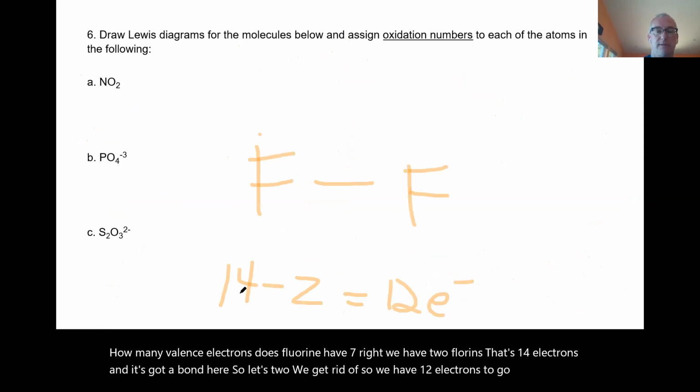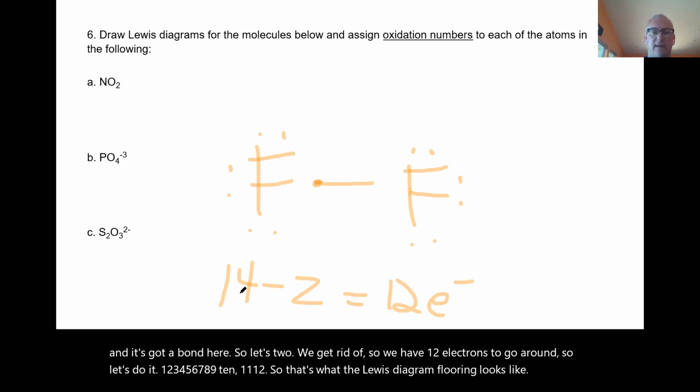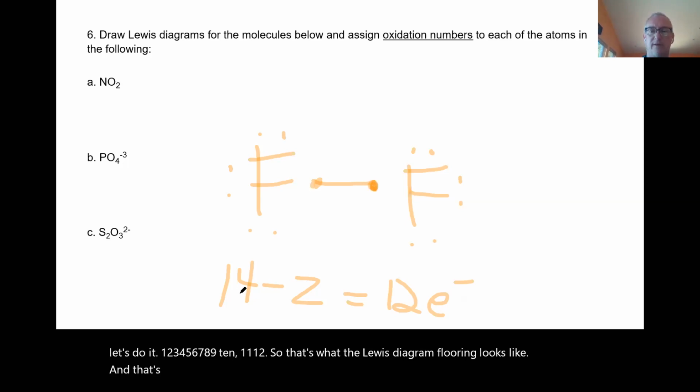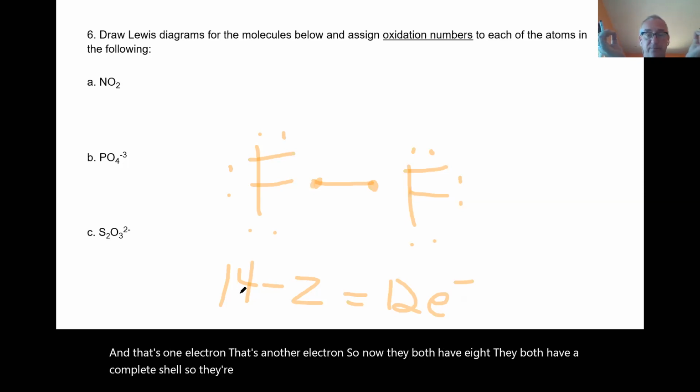So let's do it. 1, 2, 3, 4, 5, 6, 7, 8, 9, 10, 11, 12. So that's what the Lewis diagram for fluorine looks like. And that's one electron, that's another electron. So now they both have 8. They both have a complete shell. So they've both got to the happy number.